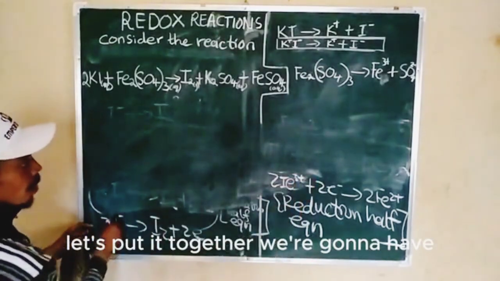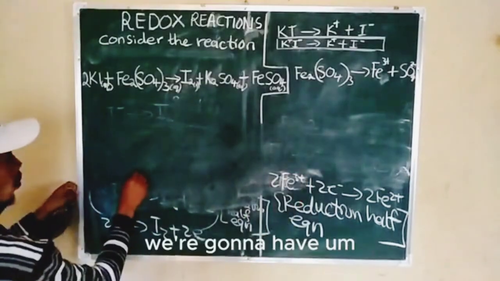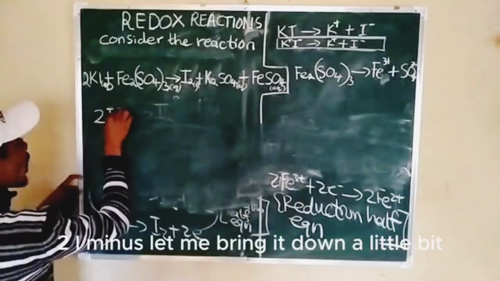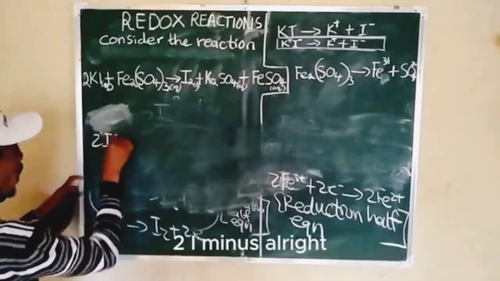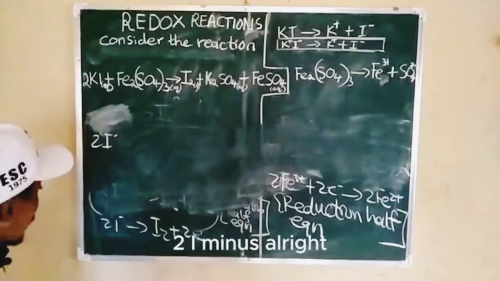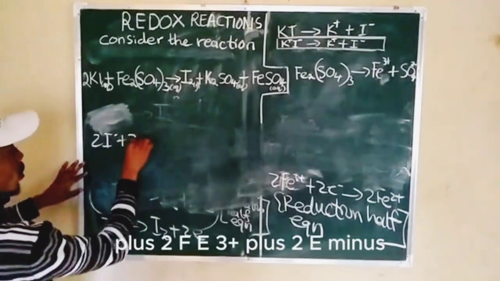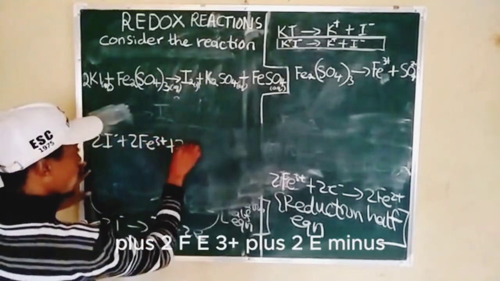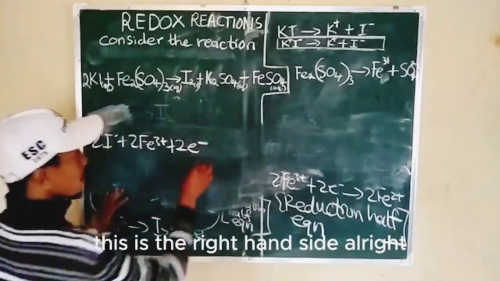We're going to have 2I⁻, plus 2Fe³⁺ plus 2e⁻. This is the left hand side.